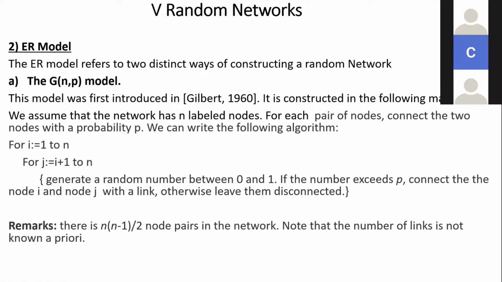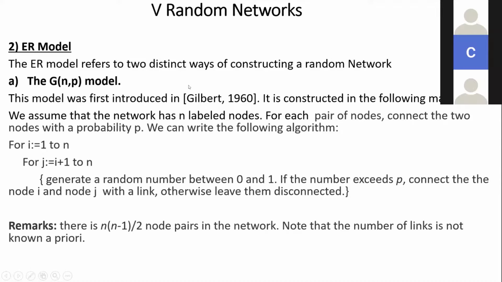A very well-known random network is based on the work of Erdos and Renyi, and there are commonly two Erdos-Renyi networks, the G(n,p), which was first introduced by Gilbert in 1960.